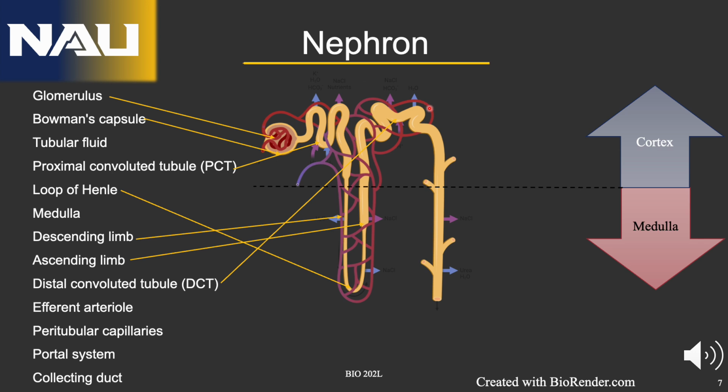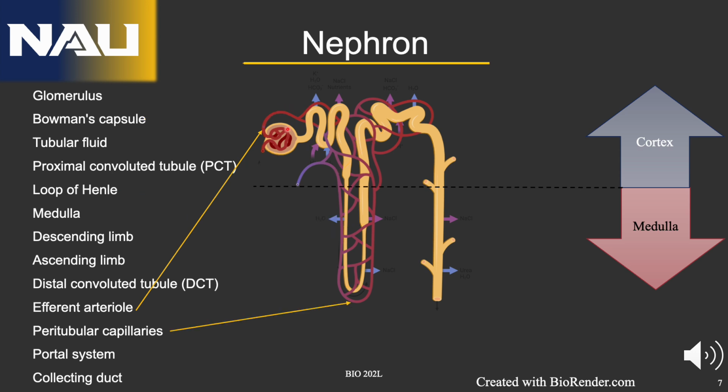But what I didn't mention was after that afferent arteriole goes into the glomerulus, it actually moves out. So then we get the efferent arteriole, carrying blood away from the glomerulus, and it forms a secondary capillary bed around the nephron. This is known as the peritubular capillaries. This network allows for the resorption of vital substances such as water, ions, and nutrients back into the bloodstream.